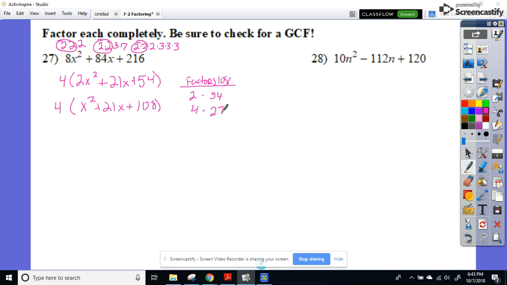I didn't try 3. I think 3 is going to work. No, 2 plus 54 is 56. 4 plus 27 gives me 31.